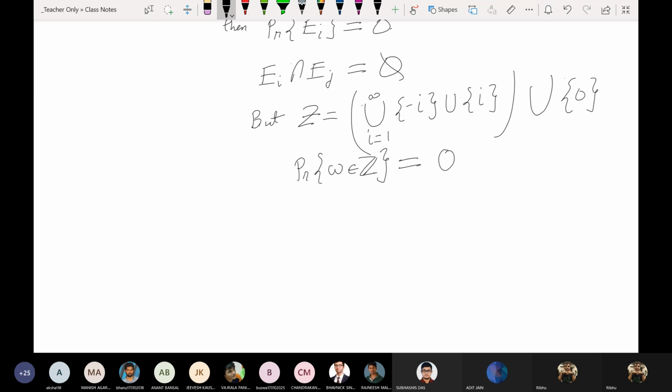And based on this, you can also extend this to the probability that omega is a rational number, which is also 0. Fine. So what about irrationals? Yeah, I'm coming to that.